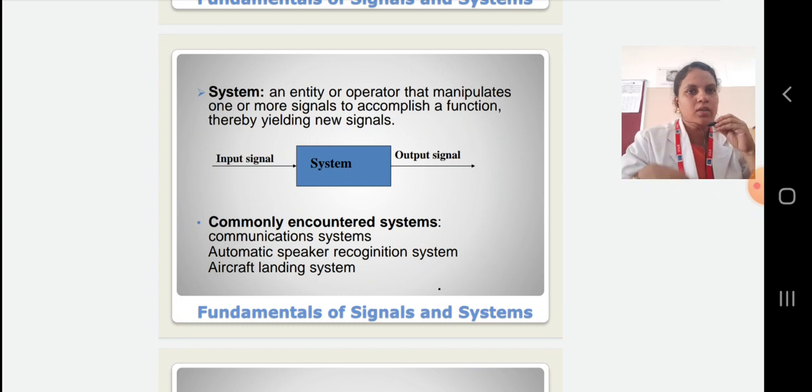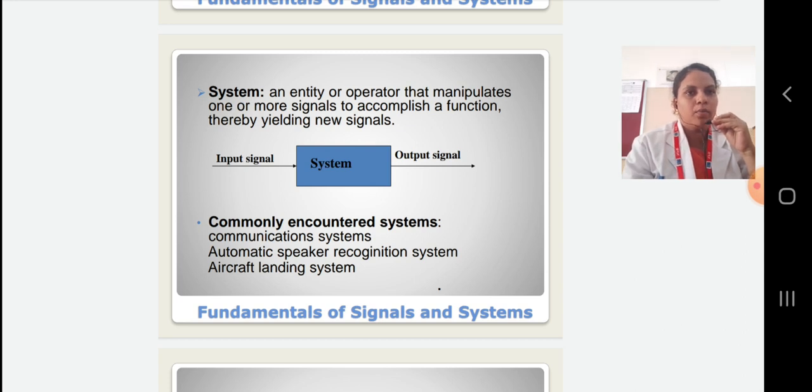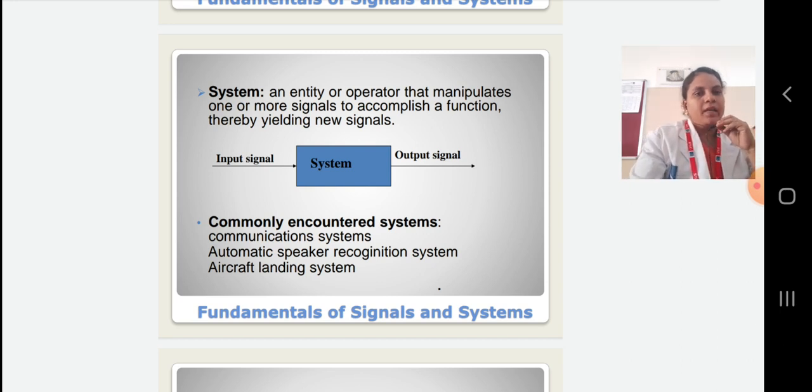Next, what is a system? A system processes the input signal and produces the output. It is an entity or operator that manipulates one or more signals to accomplish a function, thereby yielding a new signal. It may be a continuous time system or a discrete time system. What is a continuous time system?